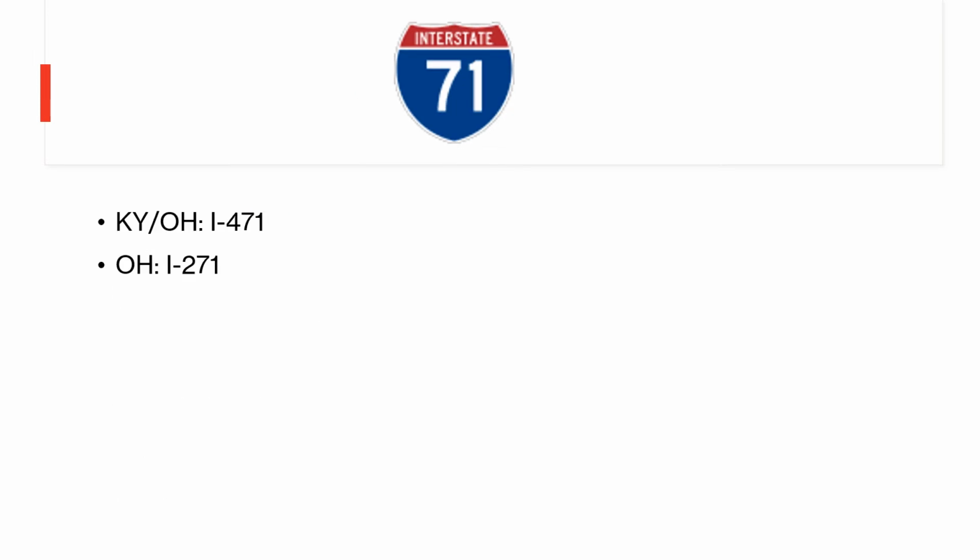I-71, you have two. One of them goes through 2 states, and the other one just goes through 1 state. Kentucky and Ohio, you have I-471, and in Ohio, you just have I-271. And I-271 goes around the east side of Cleveland and ends at I-90.